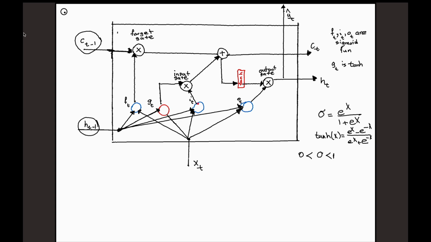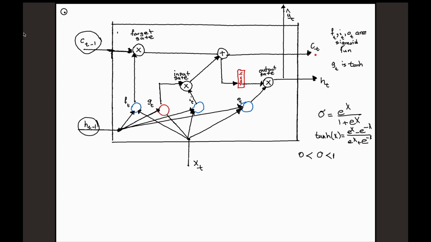If it's very close to 0, it's not going to update anything, because 0 times anything will be 0. If it's very close to 1, anything that is coming out of it will go directly here. And this additional information, which came mainly from X and your short-term memory, will be added to whatever was left after the forget gate of long-term memory, and it will be your long-term state later.